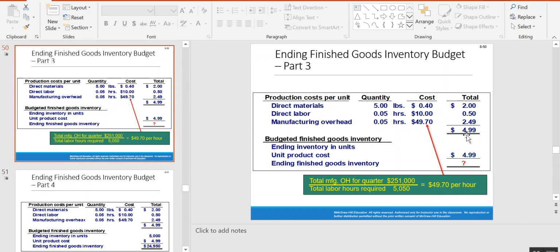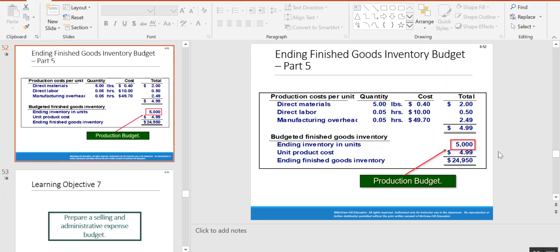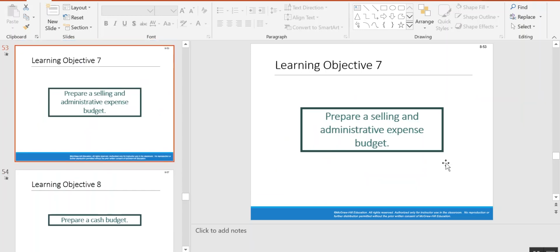When we do all of that, we get a per unit cost of $4.99. And so we take the ending inventory we calculated from the production budget right here of $5,000 times that $4.99 to identify the cost of ending finished goods inventory.